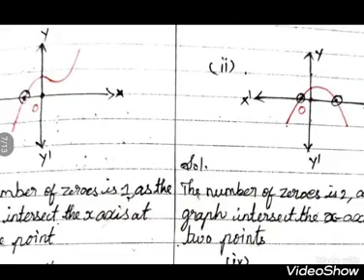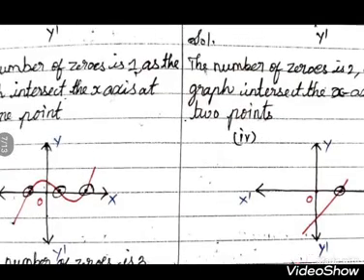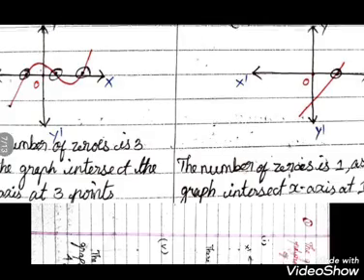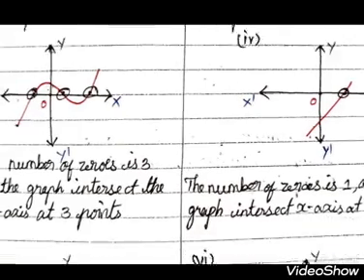Next we move on to the third and fourth graphs. In the third graph there are 1, 2, 3 points, and in the fourth graph only 1 point. So the number of zeros is 3 as the graph intersects the x-axis at 3 points, and here the number of zeros is 1 as the graph intersects the x-axis at 1 point.